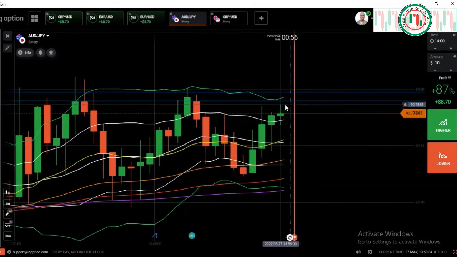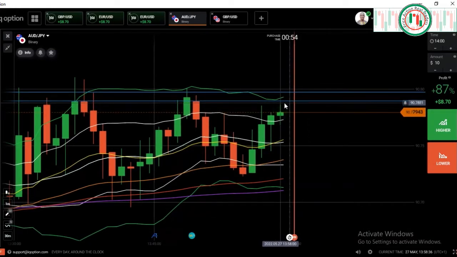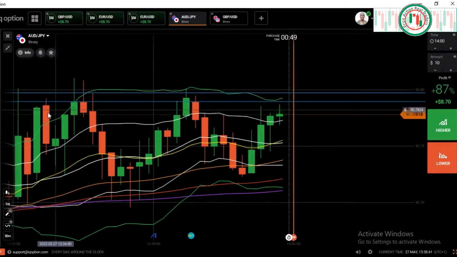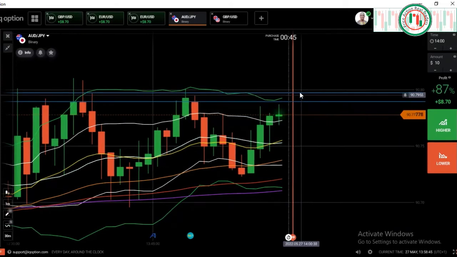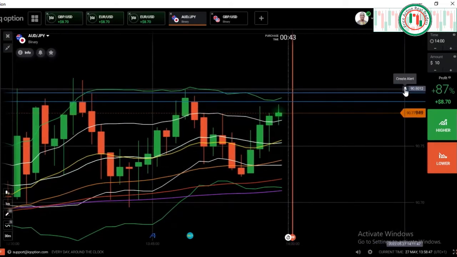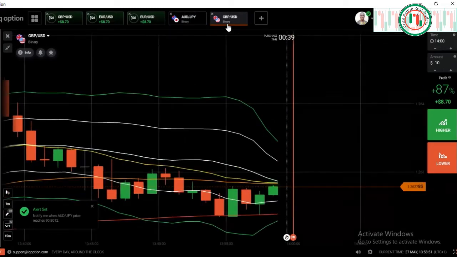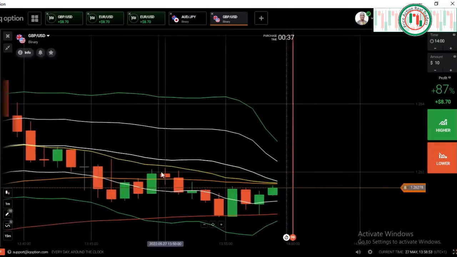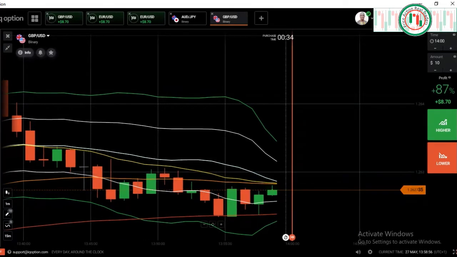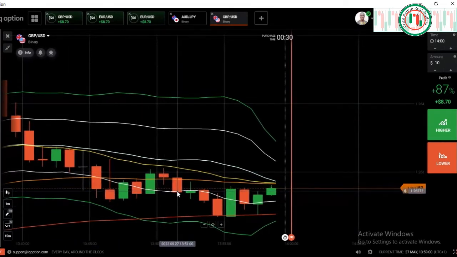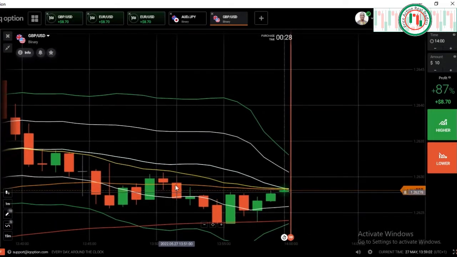Yes, here is the zone, and you see multiple touches of this zone, so it's better to wait for the breakout. Yes, it's better to wait for the breakout here. But here is another zone, but it's not nice. This one is not a nice engulfing.